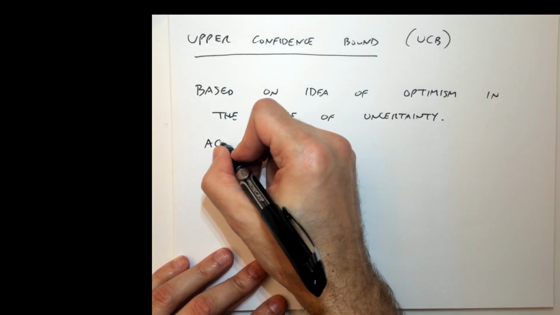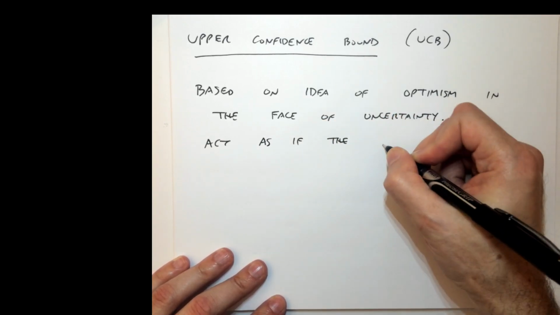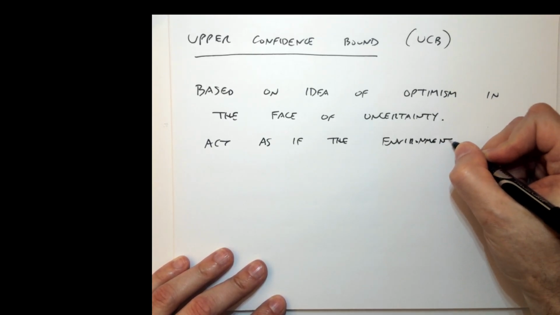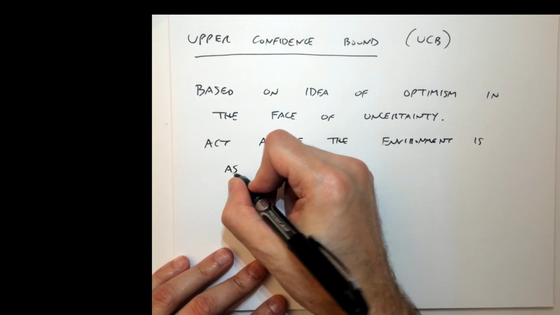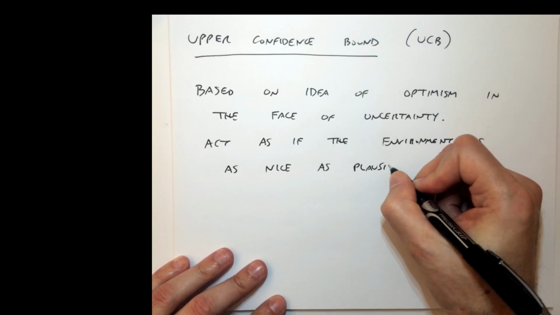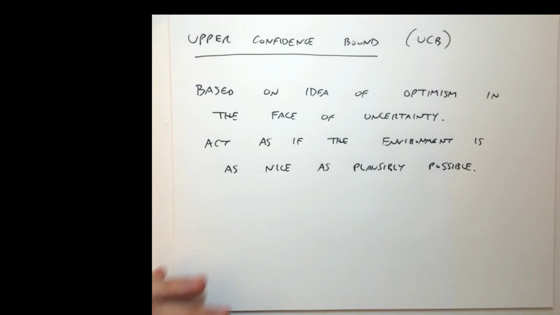So the idea mathematically is we act as if the environment is as nice as plausibly possible. That is, you assume that the environment is not pathologically out to get you, but that it is generally not doing anything that is worse than average, right?